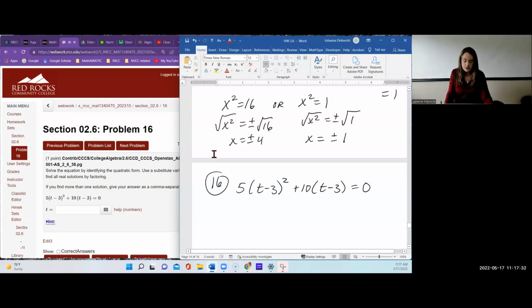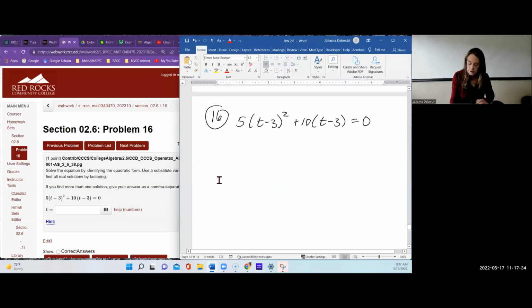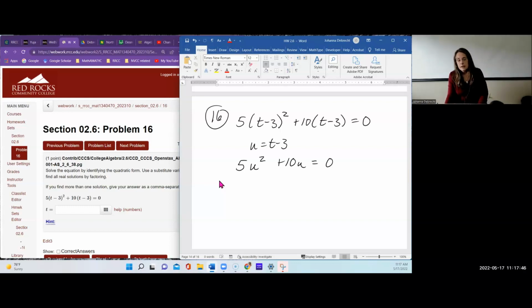Now, some people like to do what's called a u substitution, and they let u equal t minus 3, and then they rewrite the equation that's 5u squared plus 10u equals 0. We could have done this on the last problem and replaced x squared with u, and then we would have had a quadratic equation in u. How does this help?